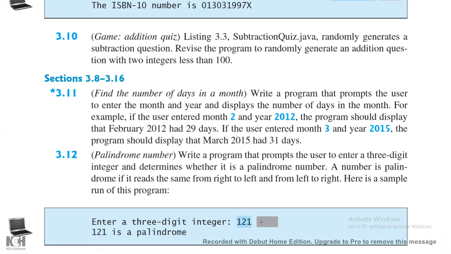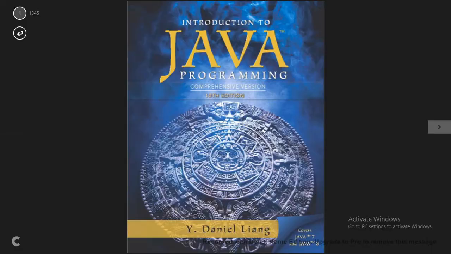For example, if the user entered the month 2 and the year 2012, the program should display that February 2012 had 29 days. If the user entered month 3 and the year 2015, the program should display that March 2015 had 31 days.